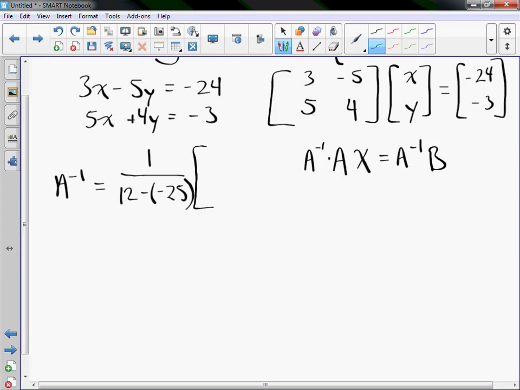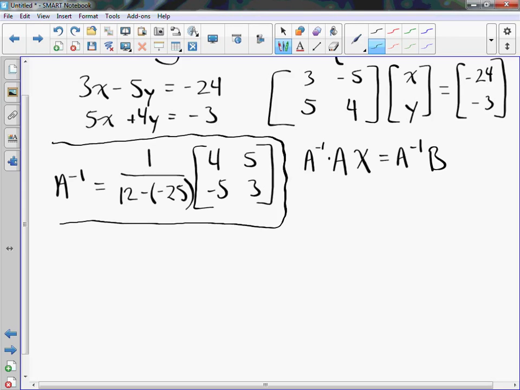We can simplify that in just a minute. And then we need to flip-flop the 3 and the 4, 4, 3, and negate the other 2. So we get a negative 5 here, and a negative 5 is a positive 5. Okay, so this is our inverse of A.